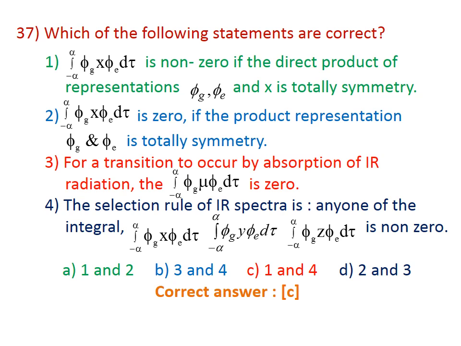This is also wrong. 4. The selection rule for IR spectra: any one of the following integrals, psi g x psi e d tau, psi g y psi e d tau, psi g z psi e d tau, is non-zero. It is also correct. Therefore, statements 1 and 4 are correct. Option C is the correct answer. Statements 2 and 3 are wrong. The correct answer for this question is C, 1 and 4.